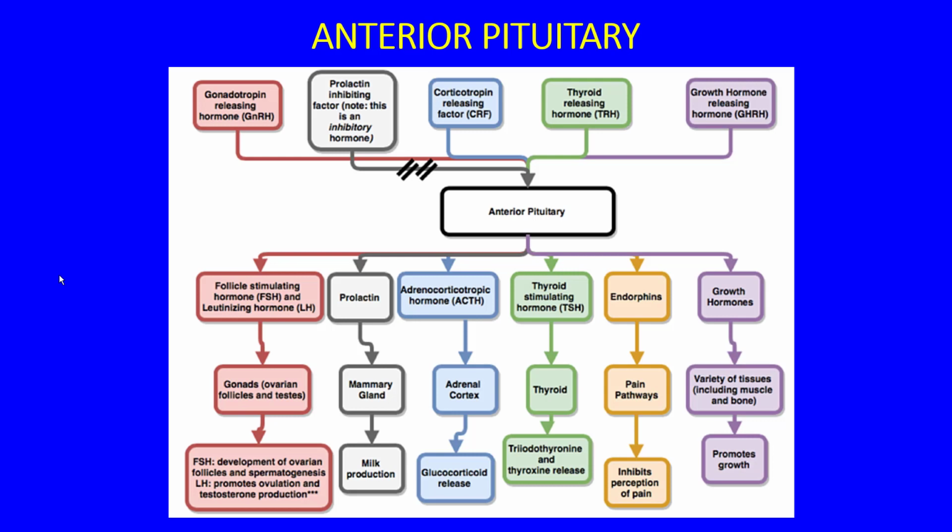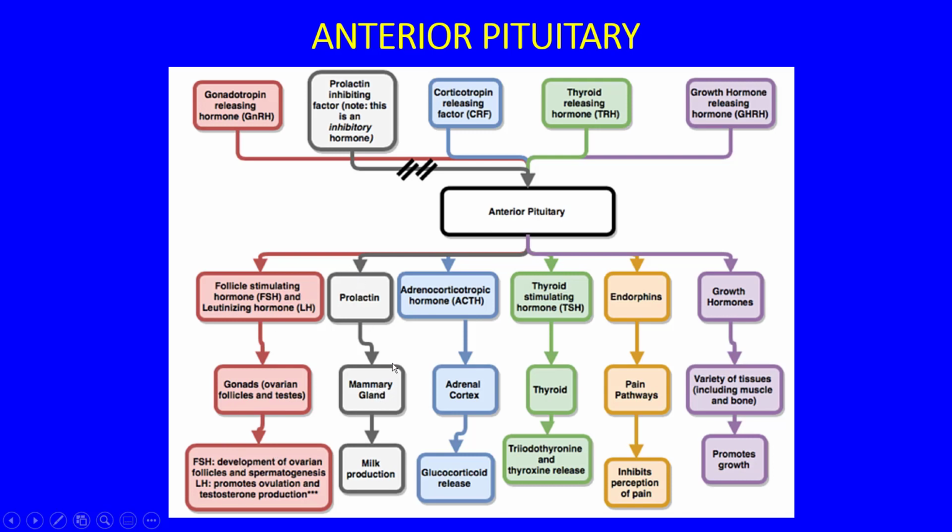These will all act on the anterior pituitary. Now, if you notice right here, GnRH is going to cause the release of two hormones, FSH and LH, follicle-stimulating hormone, luteinizing hormone. These will be targeting the gonads, ovarian follicles, testes. We'll get into what they do in a bit.